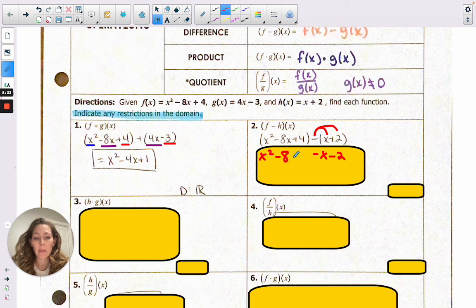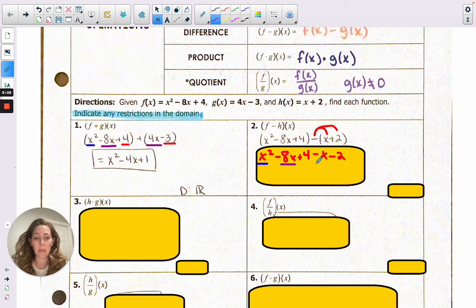x squared minus 8x plus 4. Again, I apologize for my handwriting on the pen. Minus x minus 2, because both pieces get the minus sign in the second h of x part. So line 1, line 2 I've written in red, and then I'm going to move the yellow box for line 3. From here, just like before, you're looking for any like terms to combine. So again, x squared is the only x squared piece.